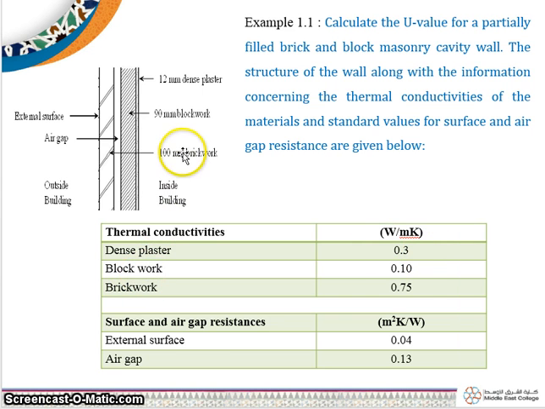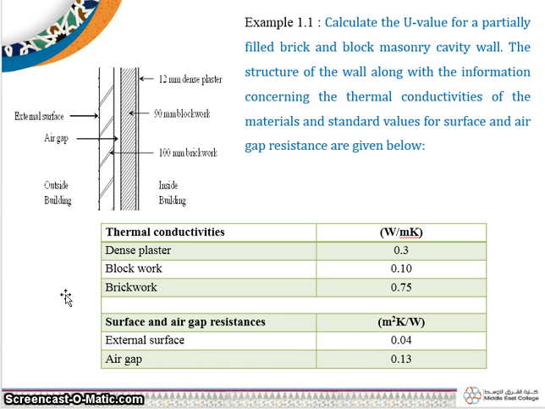Block work has 0.10 thermal conductivity. Brickwork has 0.75 thermal conductivity. The surface resistance for the external surface is 0.04 and the air gap resistance is 0.13.